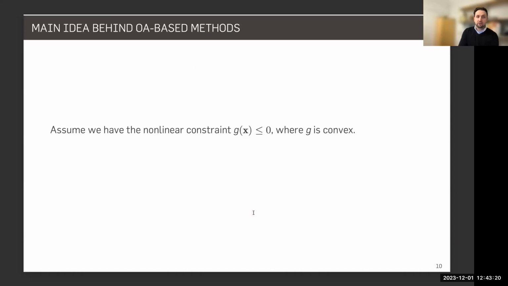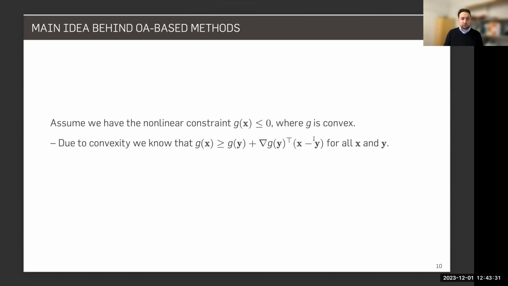I want to show you the main idea behind outer approximation-based algorithms. Assume that we have a nonlinear constraint of this form where the function g is convex. Due to convexity, we know that the following inequality holds, basically meaning that if we linearize, we take a first order Taylor series expansion of the nonlinear function, then that will underestimate the function, giving us an outer approximation.